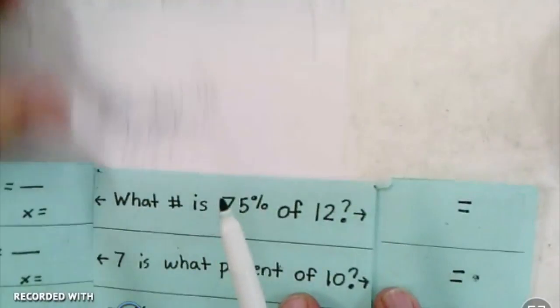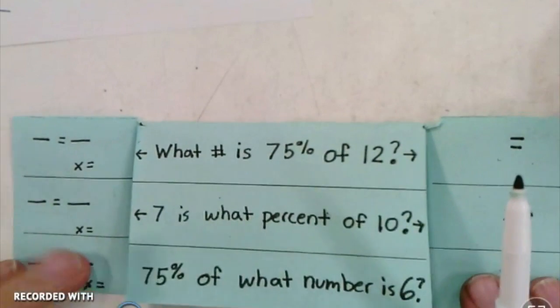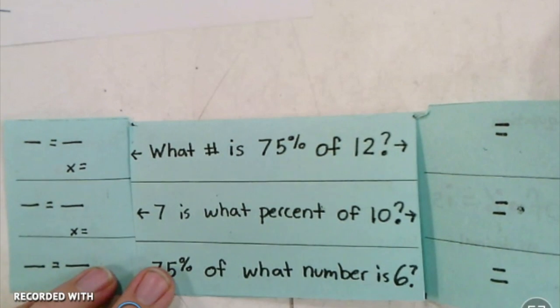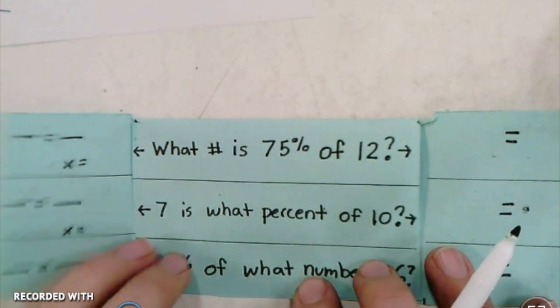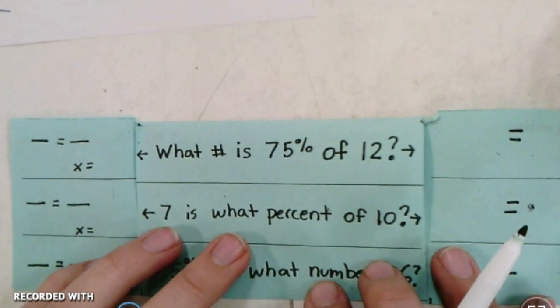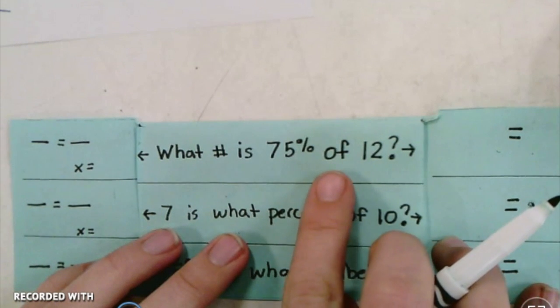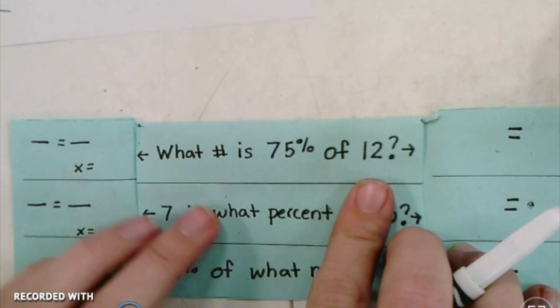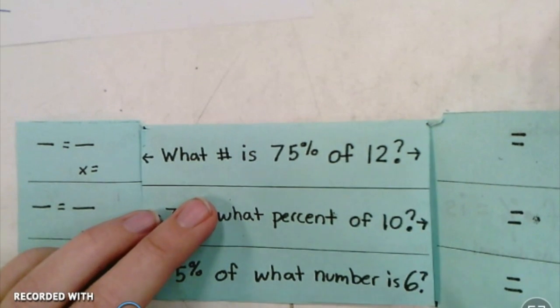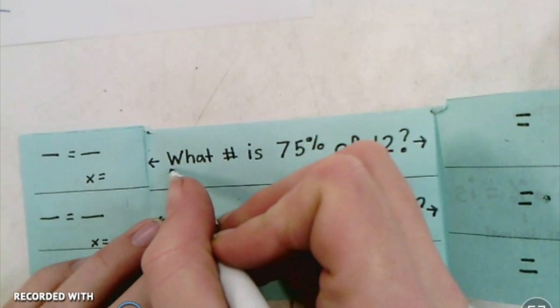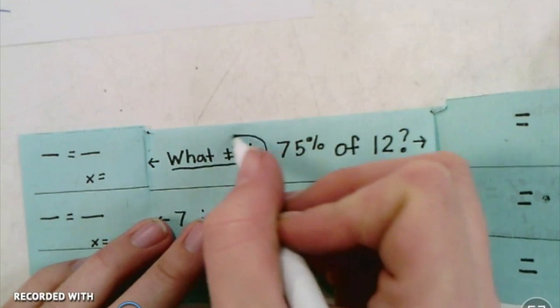Let's try some examples together. So open your foldable. It says, the first question, what number is 75% of 12? So let's use our little trick to identify these parts. What number is, so we don't know what is.